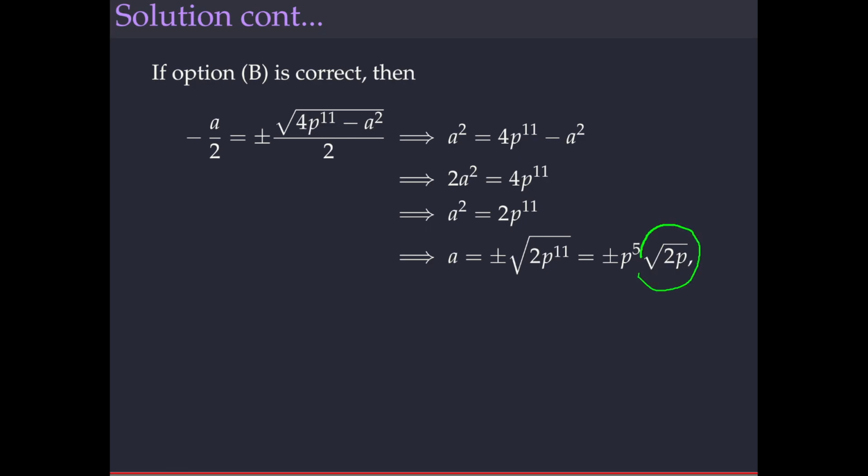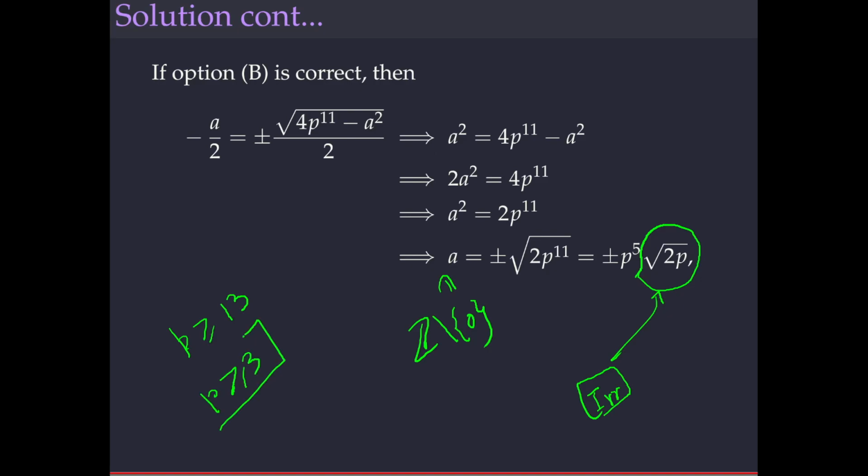Now, a is a non-zero integer, and this is an irrational number. Why? Of course p is greater than or equal to 13, but that is not needed. Even p greater than or equal to 3 is fine here, because if p is 2 then this can be possible.